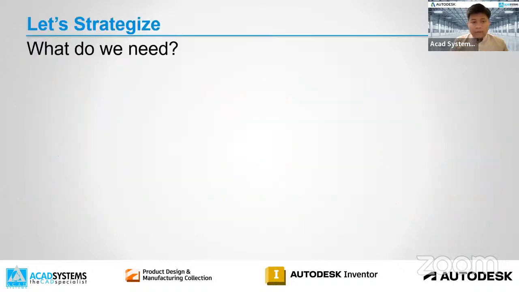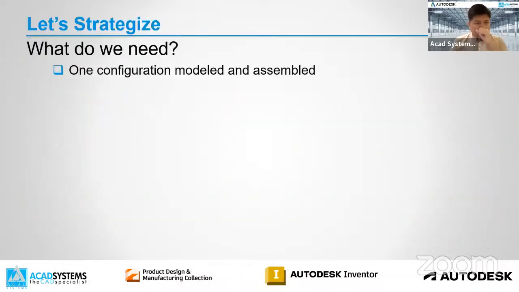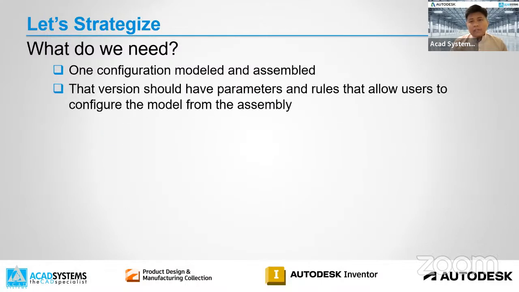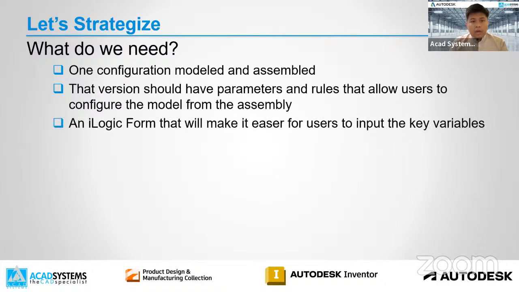First strategy, you need to do the modeling. You need to have the model and the assembly. The second strategy, for every version that we create, we need to make sure the parameters and rules will be saved in here directly. So an iLogic form you need to create also.